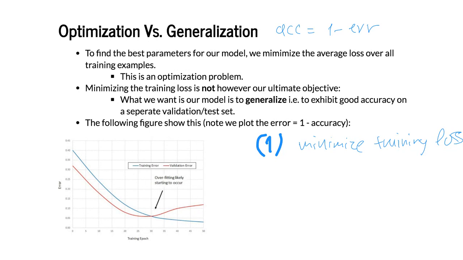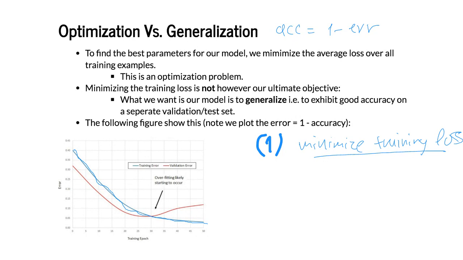So if we minimize the training loss, the accuracy will increase and the error will decrease, as you may see over here, the training error. As we keep training, the error goes down, so the model fits the data better. However, that's desirable, but it's not our ultimate objective.